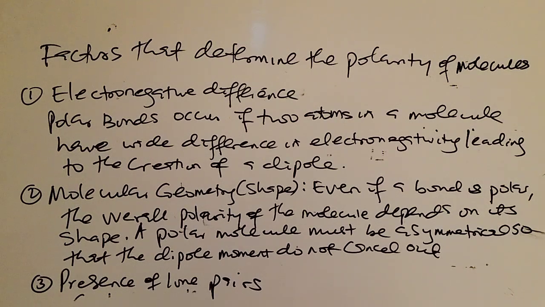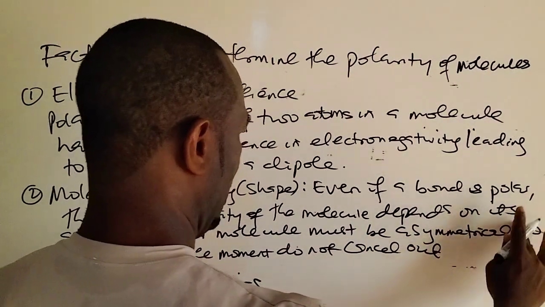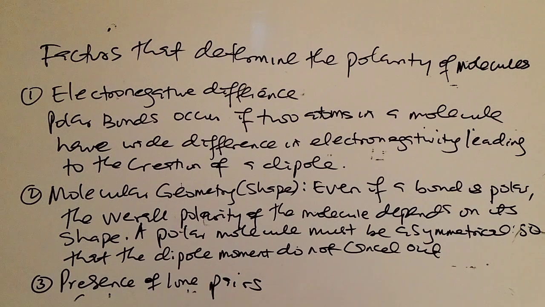So I read, if a bond is polar, the overall polarity of the molecule depends on its shape. A polar molecule must be asymmetrical. Asymmetrical can also be called unsymmetrical. So for a molecule to be polar, it must be asymmetrical so that the dipole moments do not cancel each other.